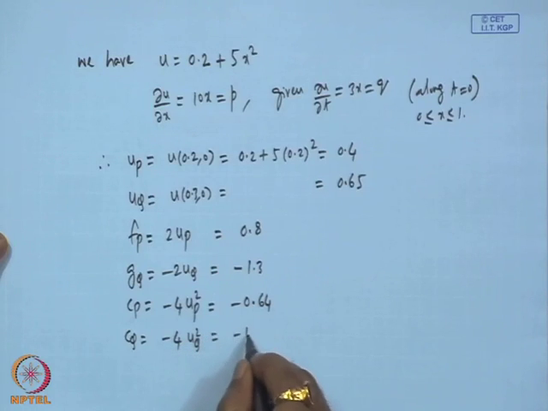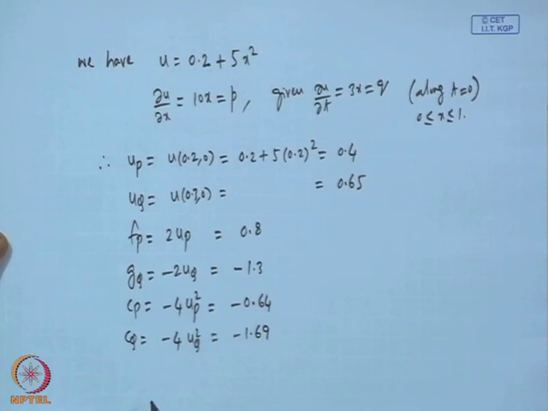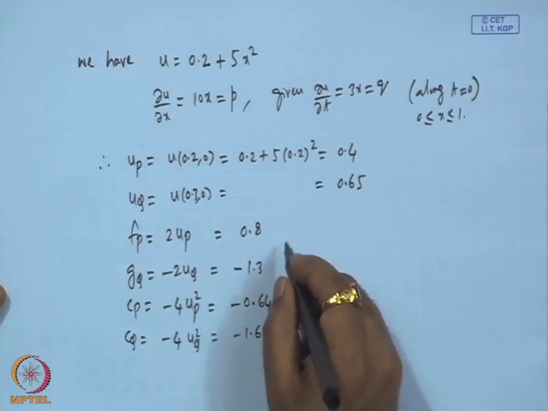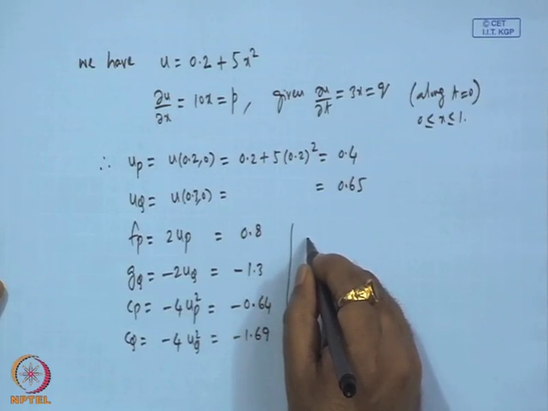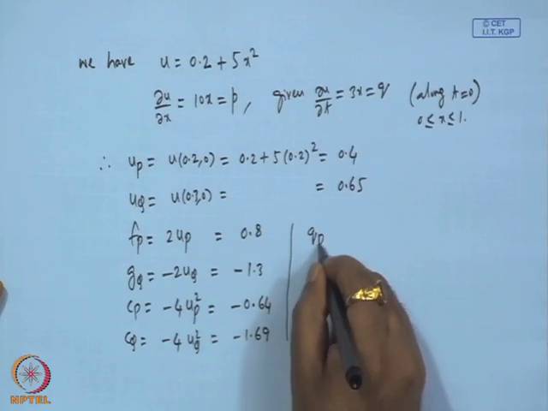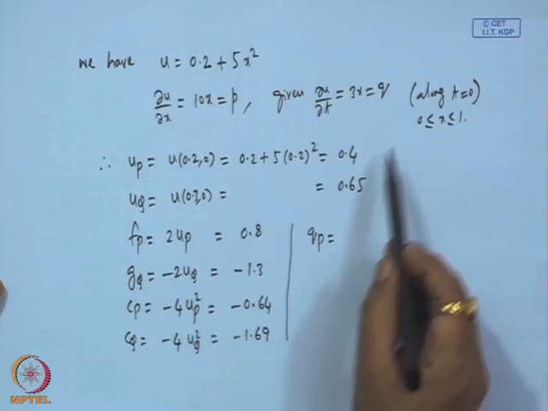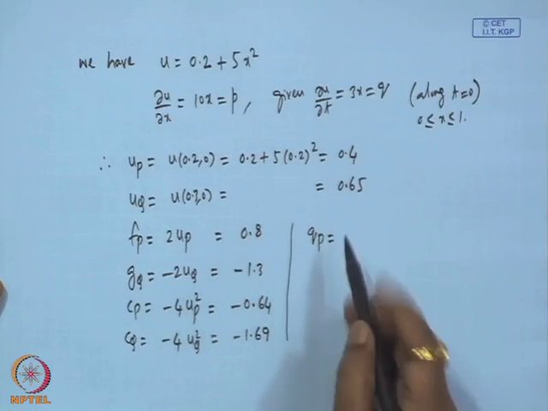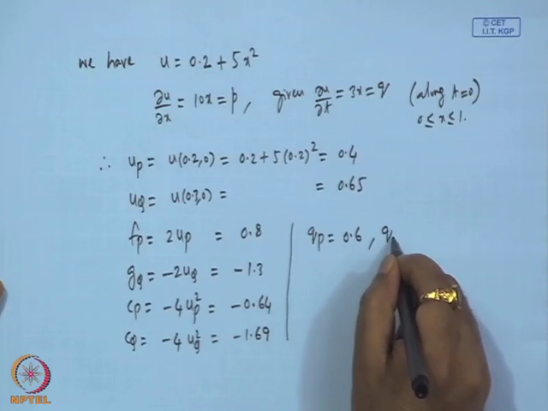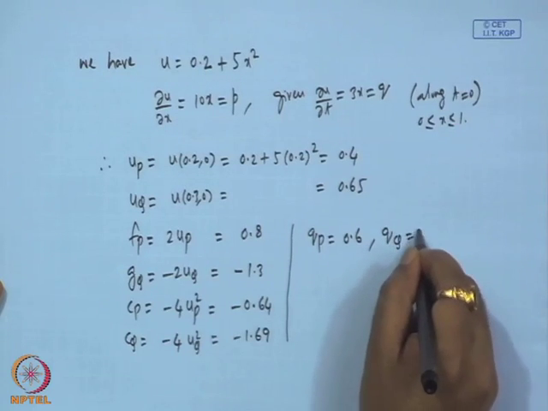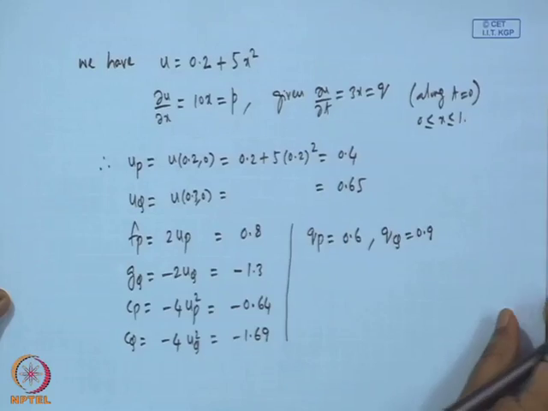Okay. So, having obtained these, we also need the corresponding data q p. So, we have q which is 3 x, q p is 0.6 and q q is 0.9.